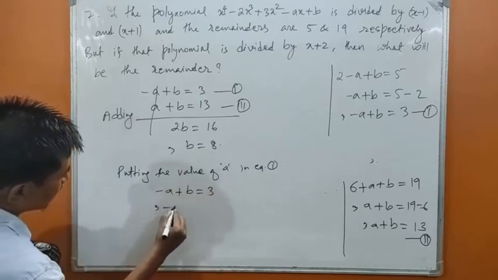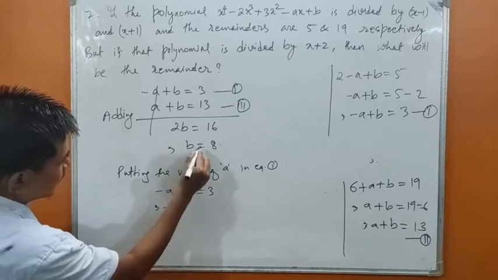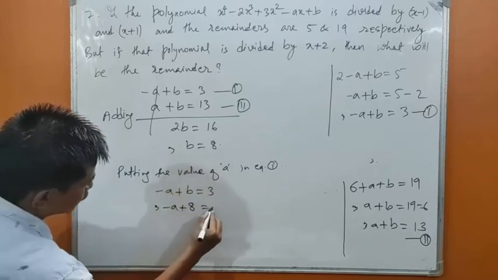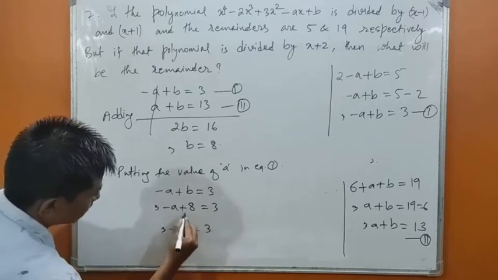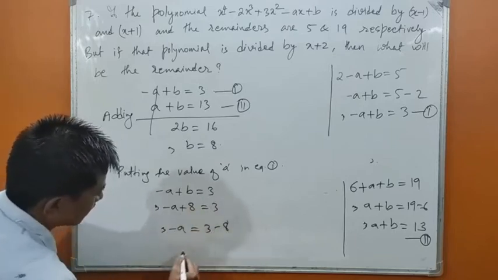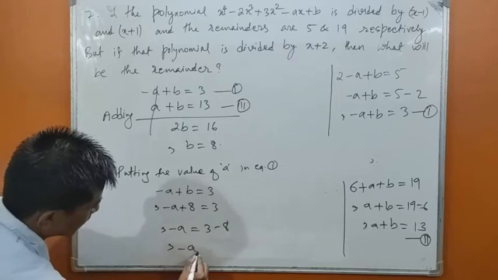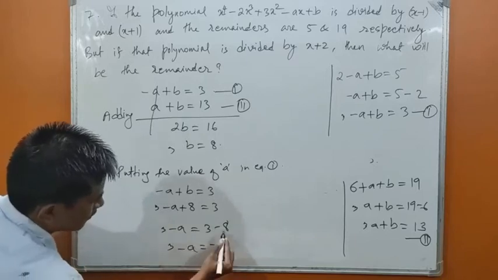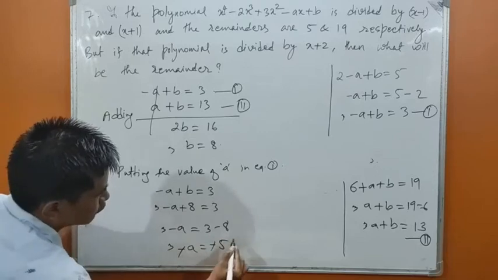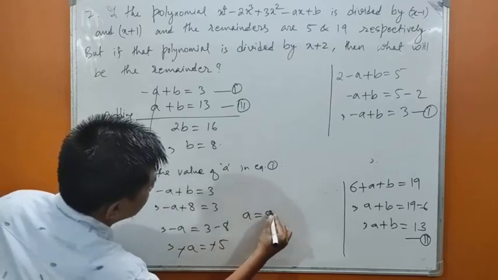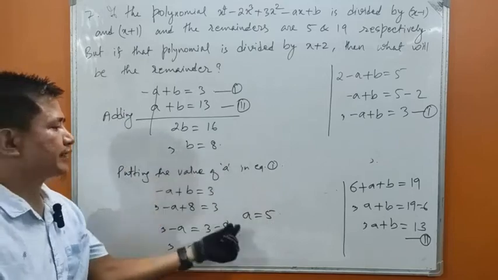So minus a plus b, meaning 8, equal to 3, or minus a equal to 3 minus 8, we take 8 to the right hand side and it becomes minus 8, so minus a equals minus 5. Minus 8 plus 3 becomes minus 5, the minus signs cancel, so a equals 5. We have b equal to 8 and a equal to 5.